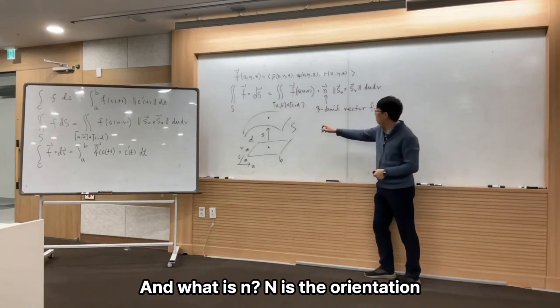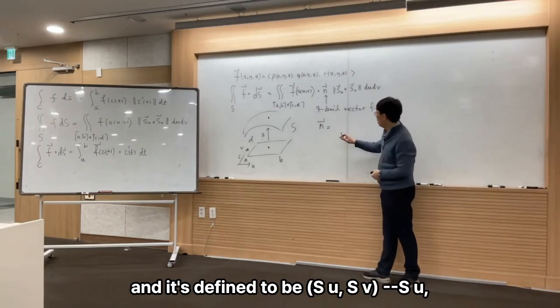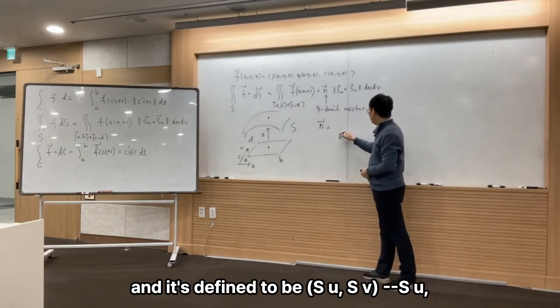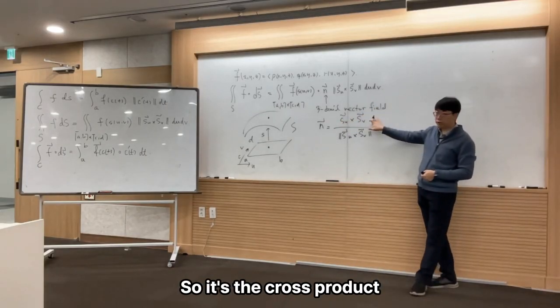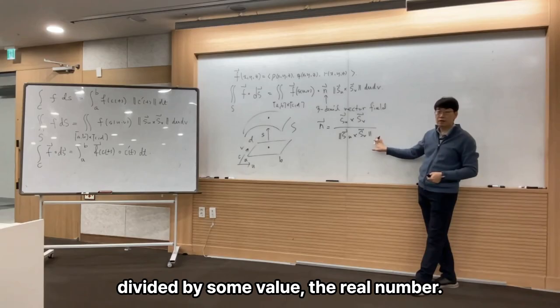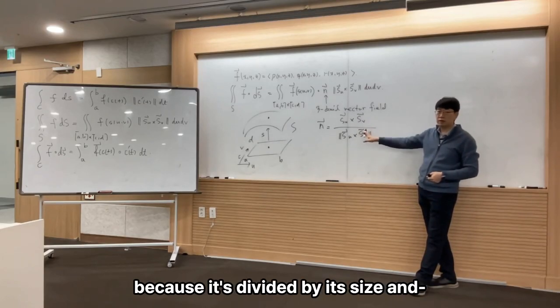And what is n? n is the orientation, and it's defined to be S_u cross S_v divided by its size. What does that mean? So it's a cross product divided by some value, a real number. So basically, it's a unit vector because it's divided by its size.